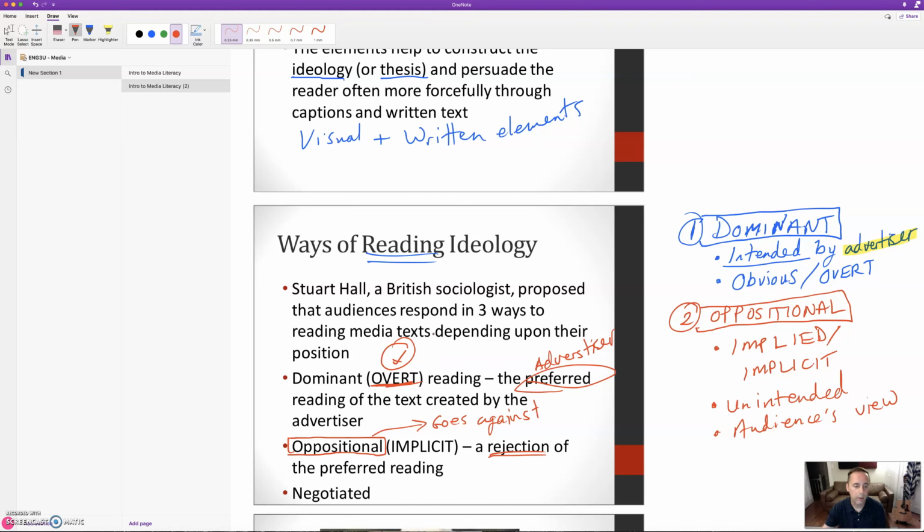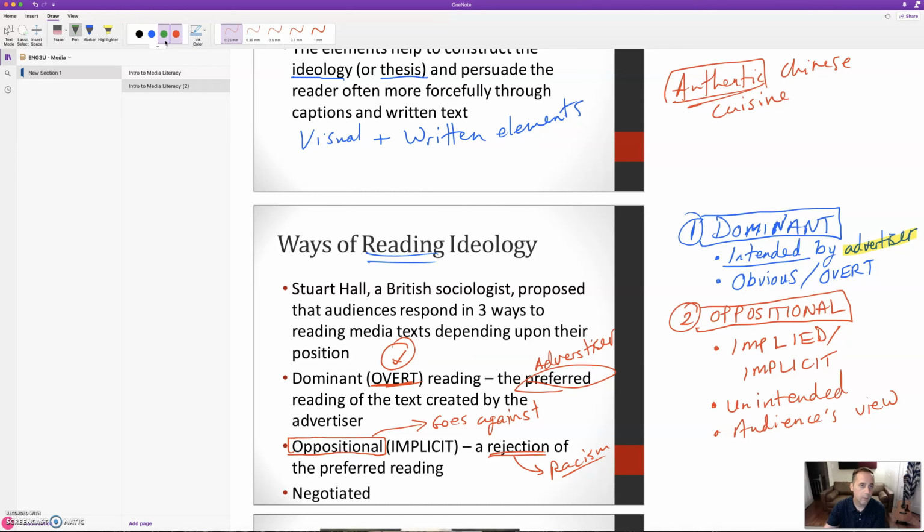The dominant reading of that ad was just trying to say, hey, our Chinese food is really legit, really authentic, really traditional. But then the oppositional rejection of that was like, hey, there's racism in this ad. I'm not down with that, right?